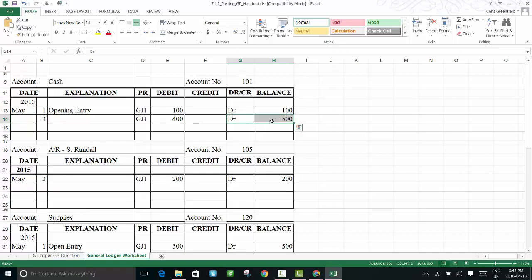If the answer is positive, so if you have more debit than credit, your new balance indicator is going to be a debit. But let's suppose that credit was for $600. In that case, you would have more credit than debit, in which case you would have to put credit as the indicator. And that would be an exceptional balance. That would be kind of weird, but it happens, all right?